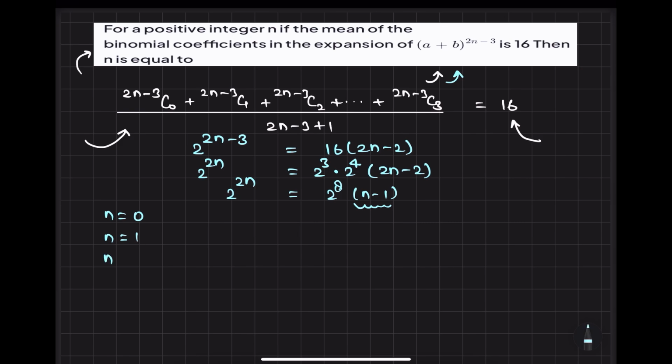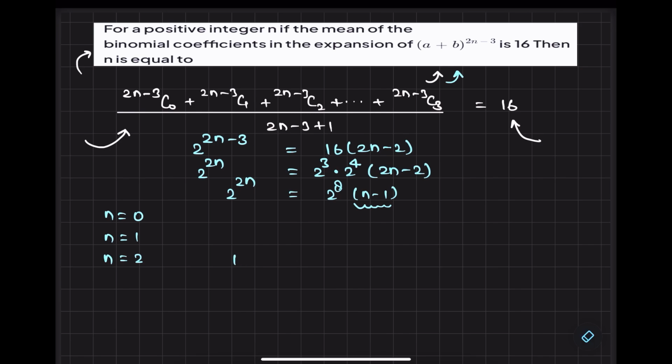Correct? Now take n as 2. So it will become 2 power 4. Okay. And 2 power 4 is what? 16. And this is 2 power 8. So 2 power 8 is 2 power 8. If you compare with 2 power 4, it is not equal.